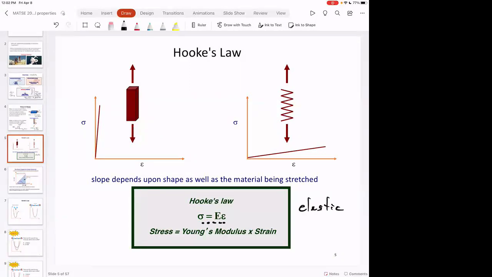And in the ideal case, they're perfectly elastic, which means they have a linear stress strain curve that starts at 0. And as long as you're in the linear regime, you can strain it and it'll go right back. Let go of that stress or strain, it'll go right back.